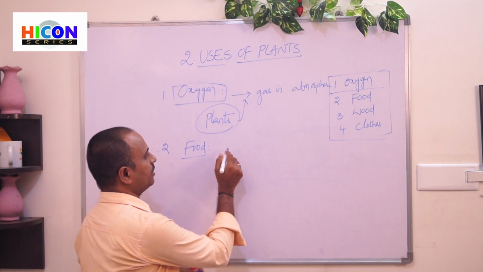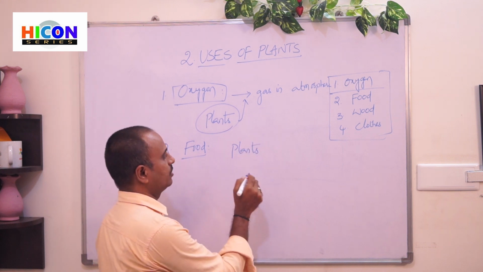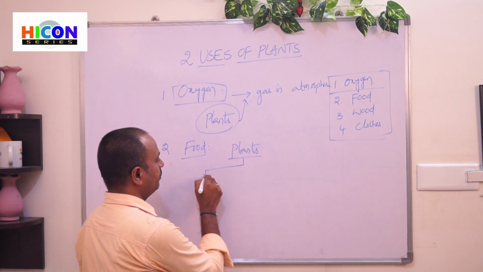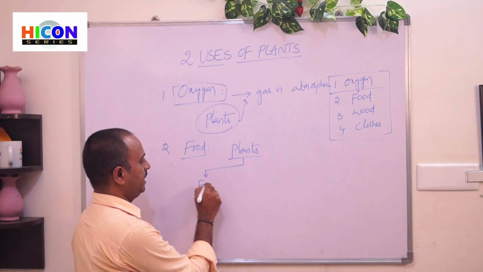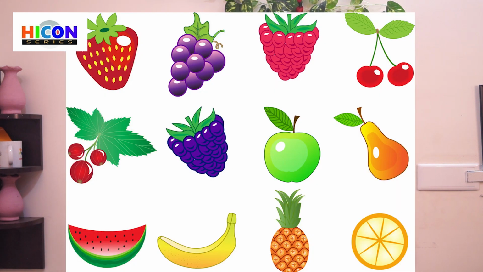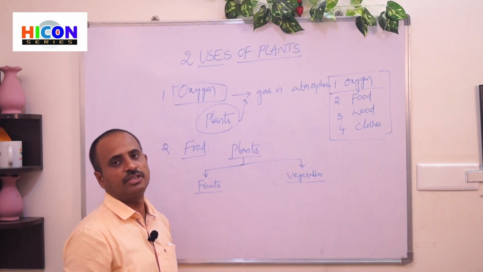The food comes from plants. The plants give food in the form of fruits and in the form of vegetables. So we eat different parts of the plants as fruits and vegetables.